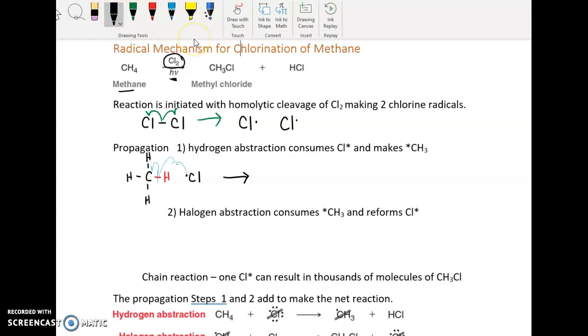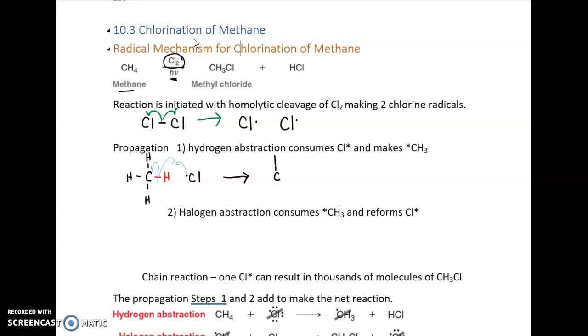So our new molecule, we've got a radical here, and hydrogen chloride.